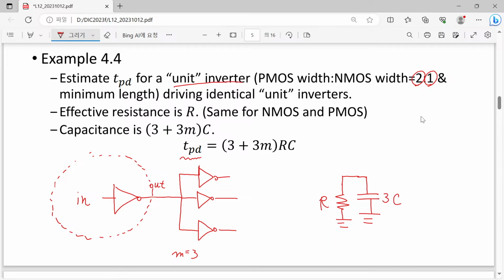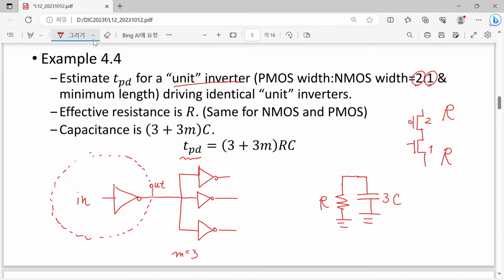Can you follow? Because here we have a PMOSFET and here we have an NMOSFET, and we assume that their ratio is 2 to 1. In both cases, this PMOSFET or NMOSFET contributes just the resistance R. It's okay.